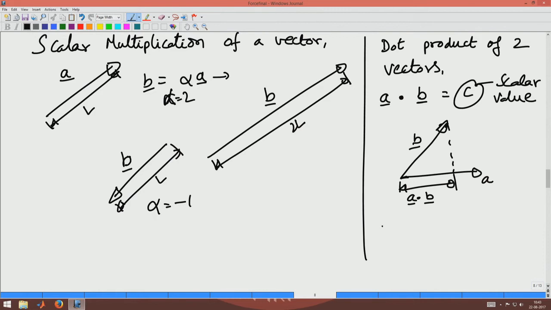In other words, in terms of length of A and B, this would be magnitude of A, magnitude of B times cosine of theta, where theta is the angle between A and B. Okay. That is what a dot product means. Here I assume magnitude of A to be equal to 1.